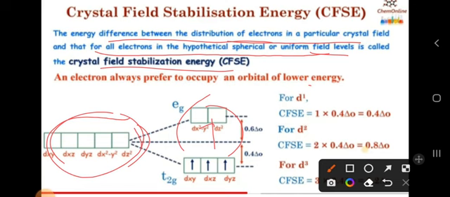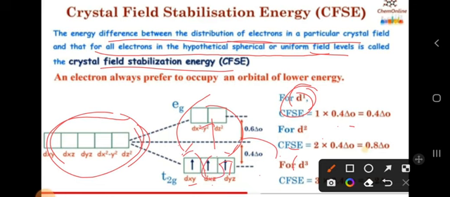If you take one electron, then we are going to get 1 into 0.4. Only the lower part it enters. If you take d2, the electrons enter into only 2 orbitals. If you take d3, it enters into 3 orbitals. See here, it is not entering into the Eg orbital. Why? Because there are no electrons present over here. If one electron is present, 1 into 0.4 delta naught.